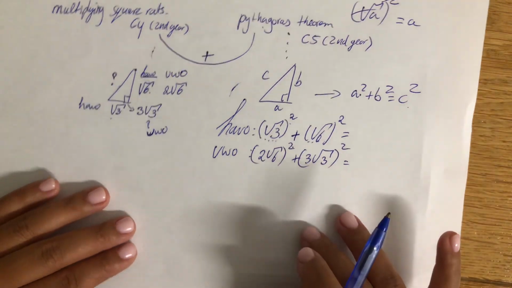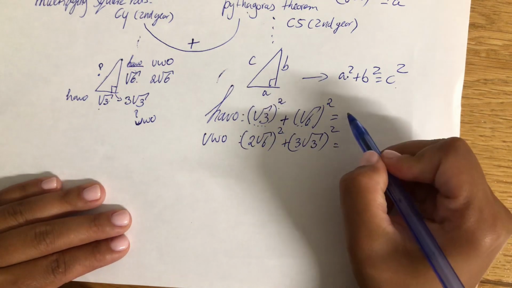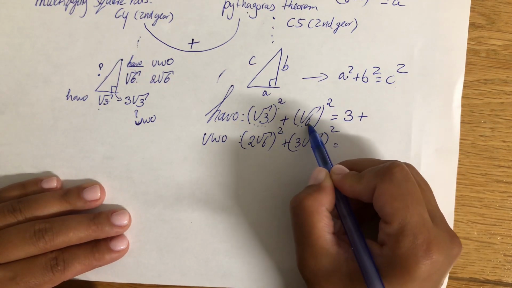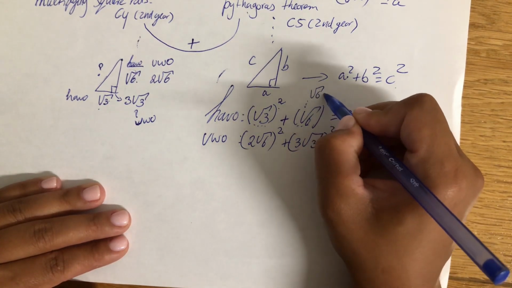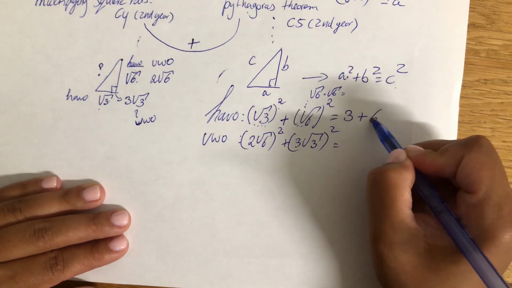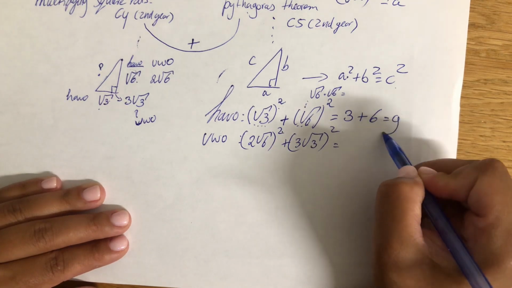So I hope you remember the square root of 3 times the square root of 3 makes 3. The square root of 6 times the square root of 6, so it's times itself, that makes 6. So this is just 3 plus 6 is 9.